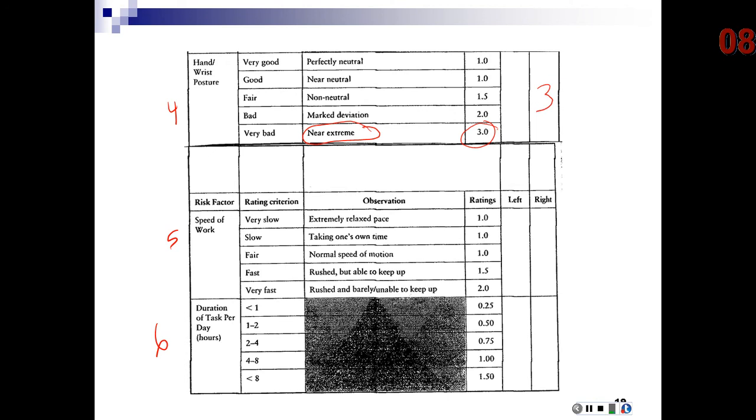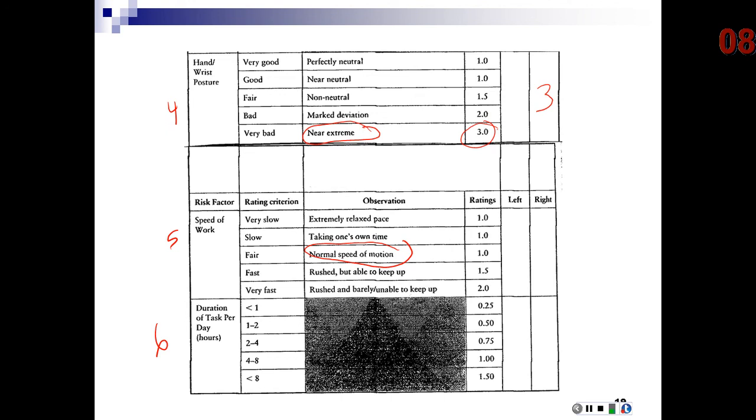For the speed of work, he was self-paced, and so I'm saying this is normal speed of motion. For this one, you need to be careful. When you observe somebody doing a job they've done for a long time, they might appear rushed, like they're working very fast, that you couldn't keep up with them if you tried the job. But you have to consider, is it normal for them or is it rushed for them?